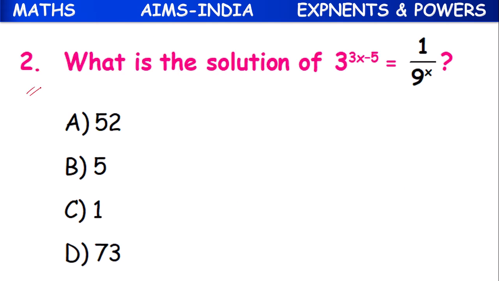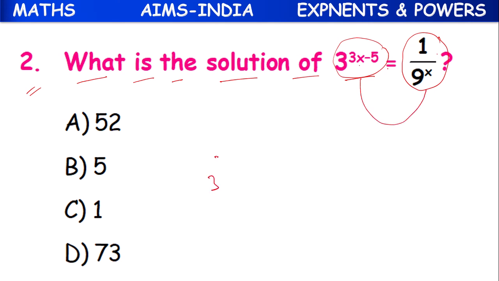Next, second question. What is the solution of 3 to the power of 3x minus 5 equals 1 by 9 to the power x? Here, in the LHS we have 3 to the power of 3x minus 5, and in the RHS we have 1 by 9 to the power x.